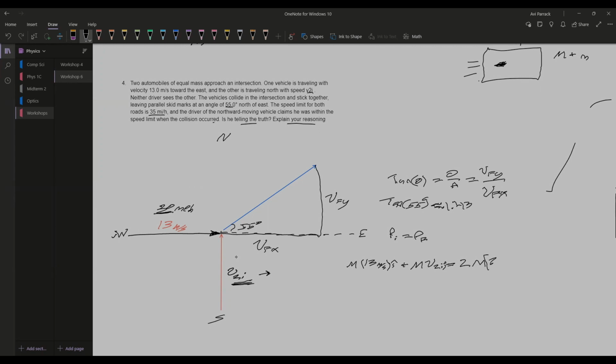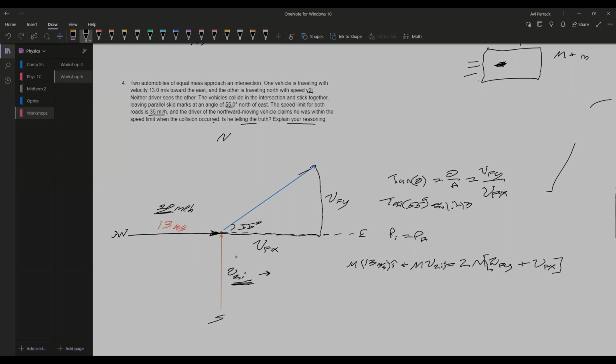This is times VFY plus VFX. If we sum these vectors together, the x direction and the y direction, we get the resultant vector, which is the blue vector here in my drawing.